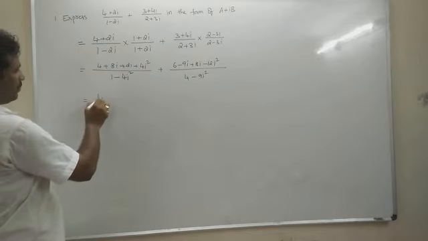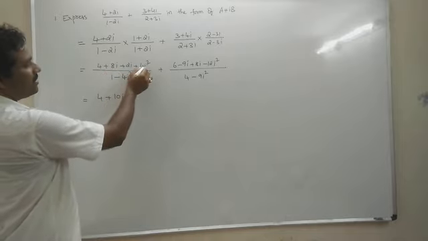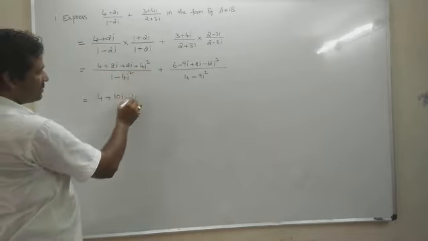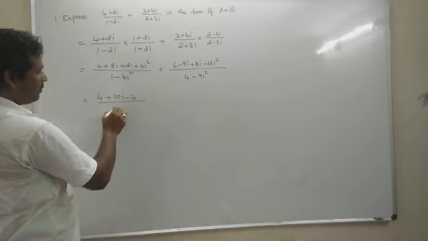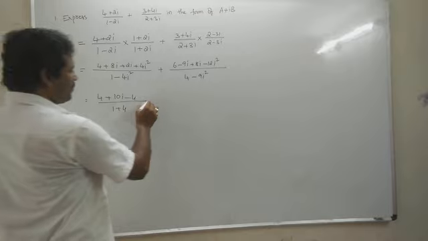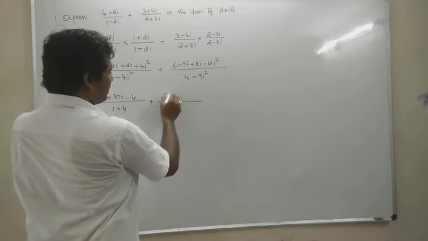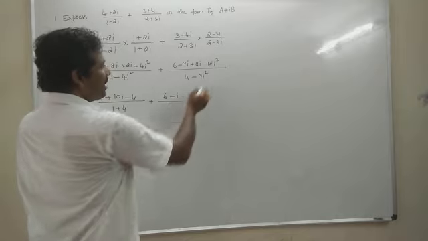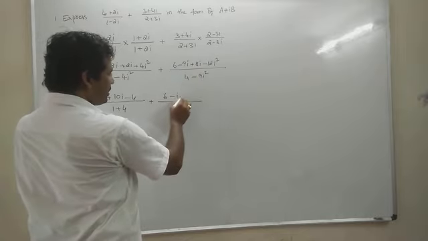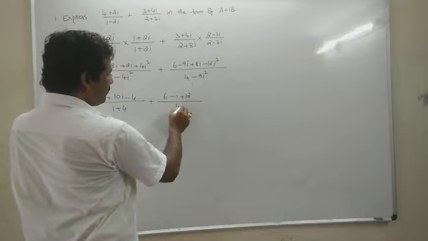That equal to (4+8i+2i+4i square)/(1+4), i square means minus 1, that is the minus 4 by 1+4, plus (6-9i+8i-12i square), i square is minus 1, minus minus plus 12, by 4+9.